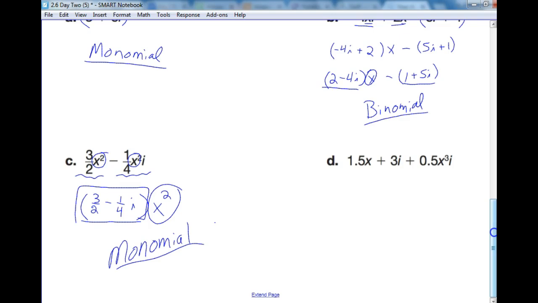How about the last one? Mono, bino, or trino. Here. Oh, wrong one. No, I did it wrong. We are. Yeah. It's Pratt, right?